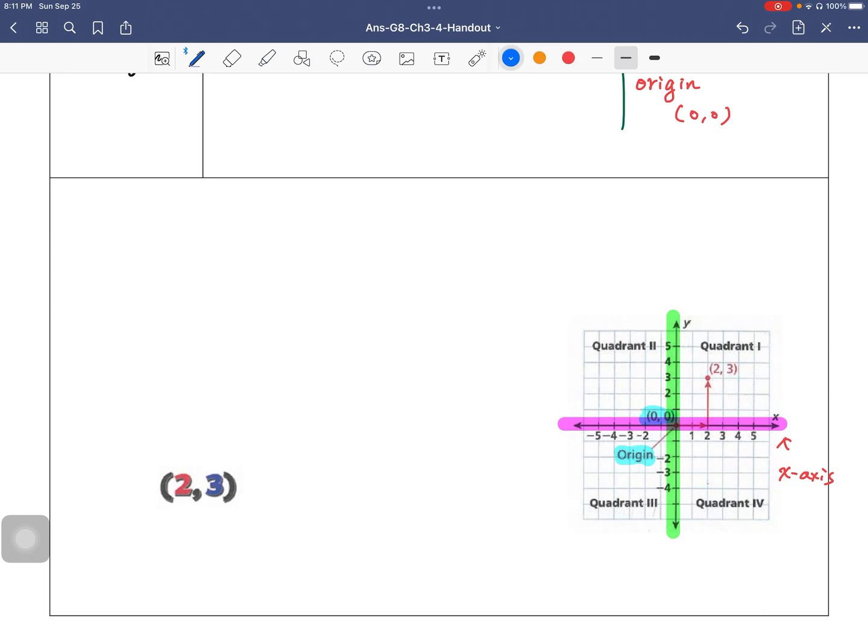This is the x-coordinate, and this is the y-coordinate.